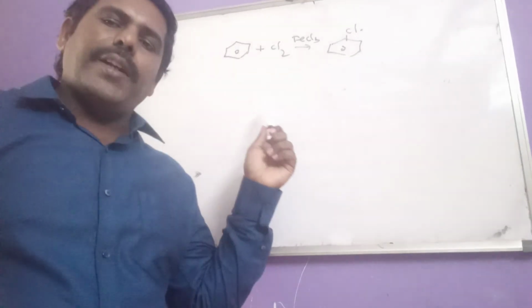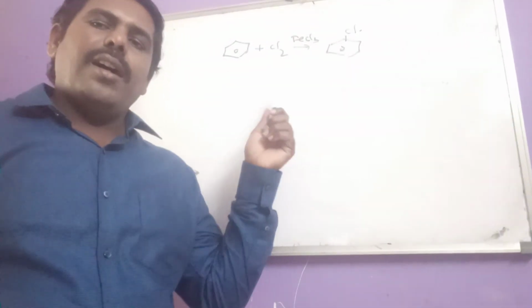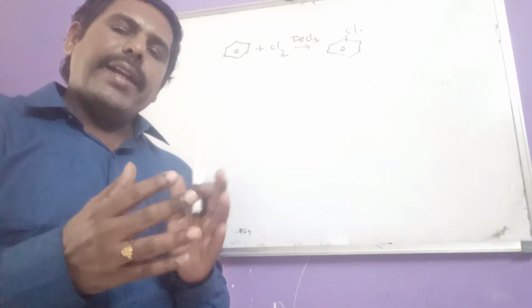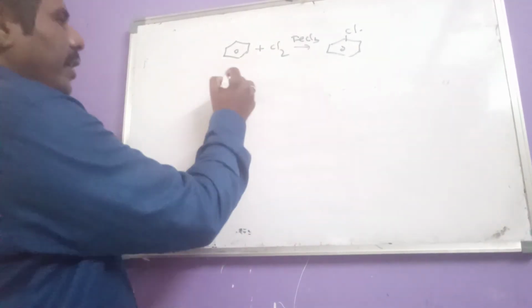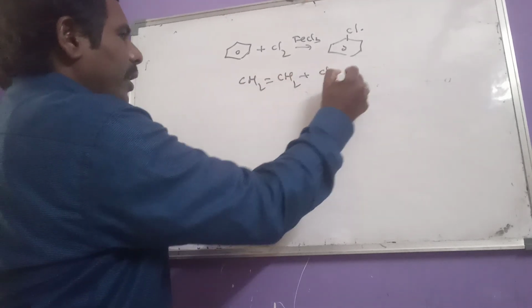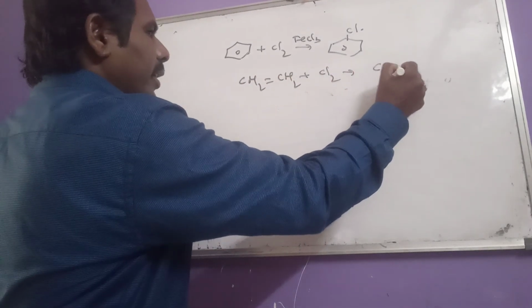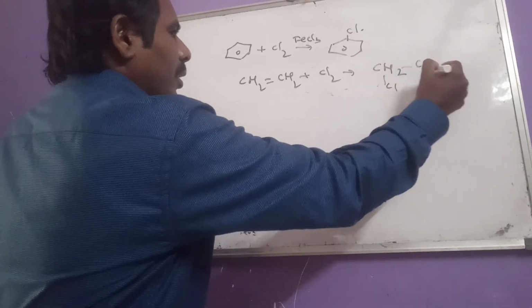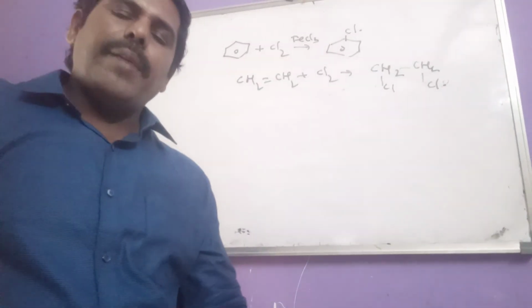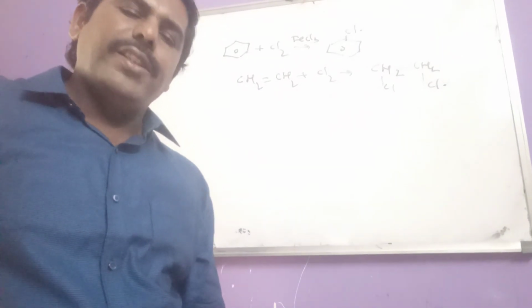This is a substitution reaction of halogen. Sometimes they may show addition reactions also. For example, ethylene when treated with chlorine gives 1,2-dichloroethane.